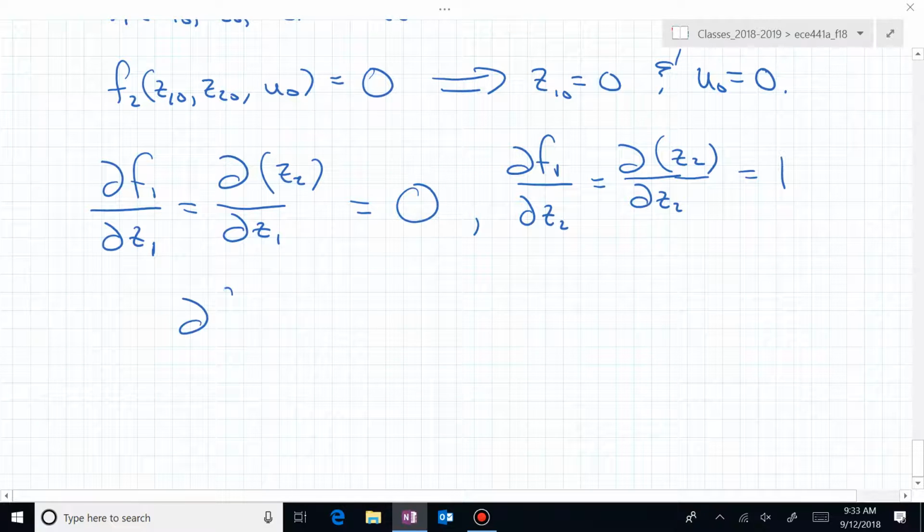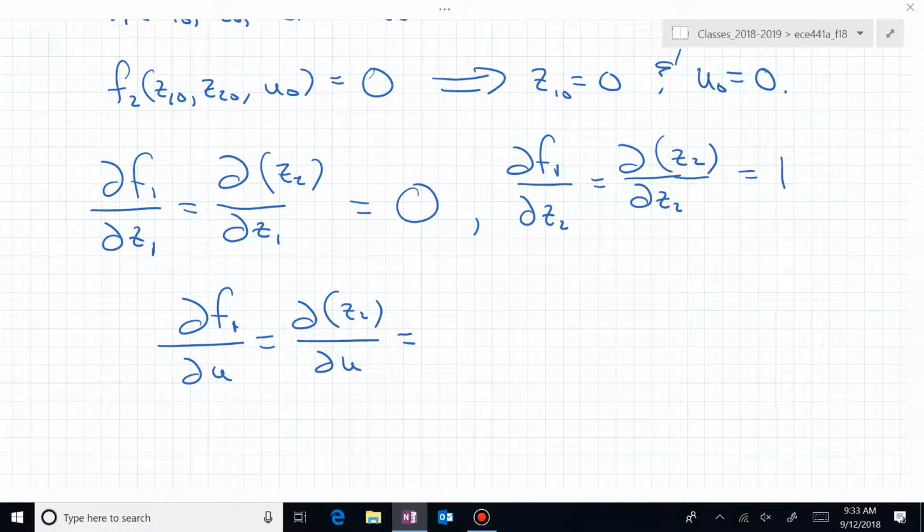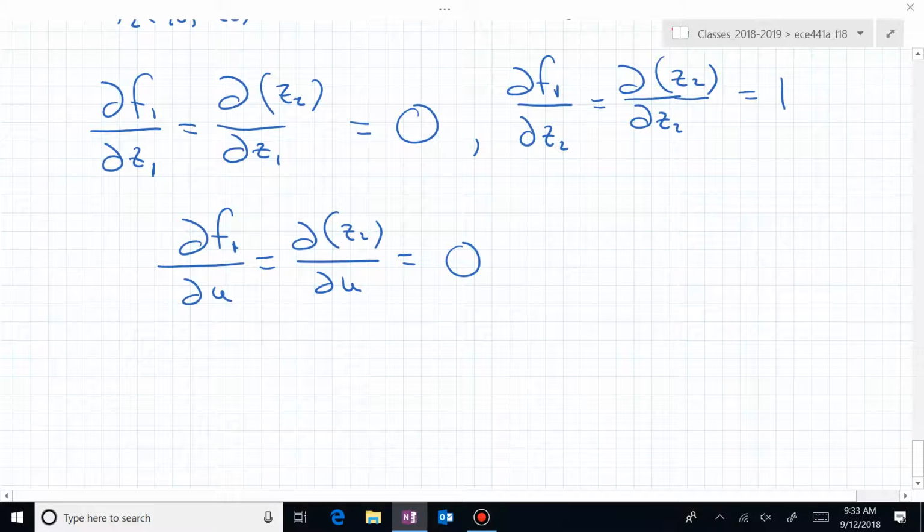We have the partial of F1 with respect to U. What happens when we perform that partial? Is U anywhere in Z sub 2? So now we have half of our partial stuff done, and we didn't even have to evaluate these at a nominal condition because there were no Z1, Z2, or U appearing after we performed the partial.